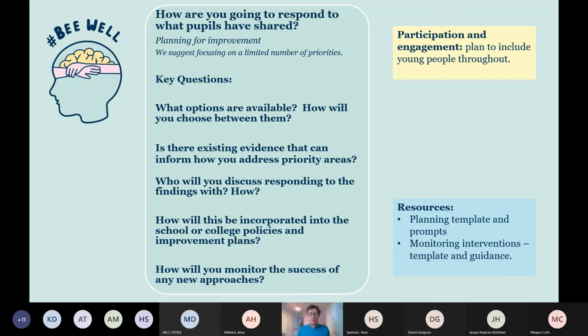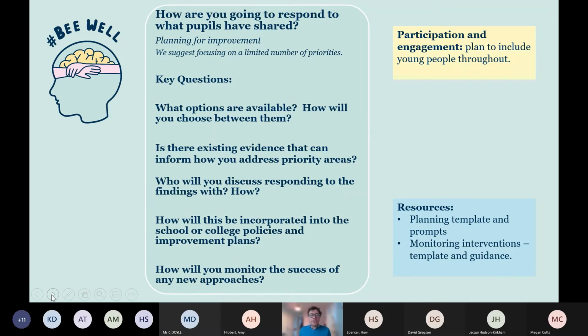It links into your improvement plan, and all of those indicators, which I'm going to show you a slide on in a sec, are there, and it's tight, and you know when it's going to be reviewed, and you know how you're going to monitor it, which is the final point. How will you monitor the success of any new approaches? So the key questions are there.